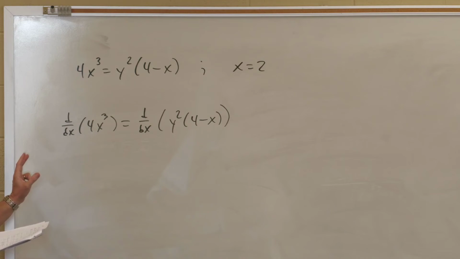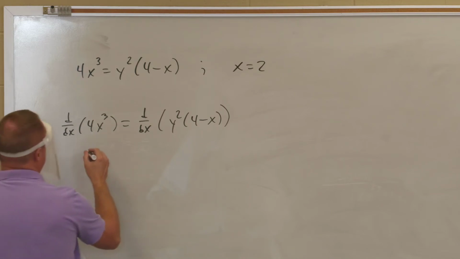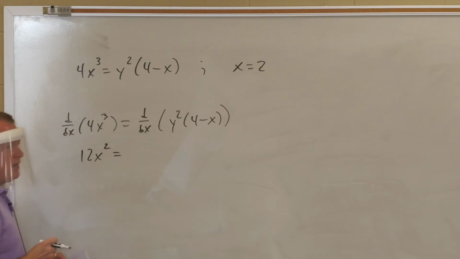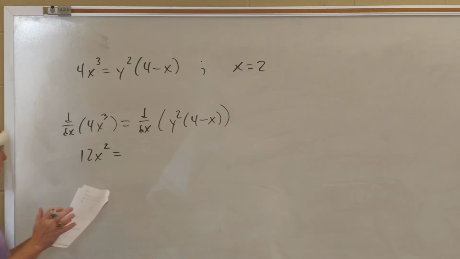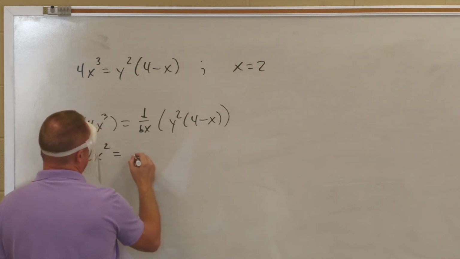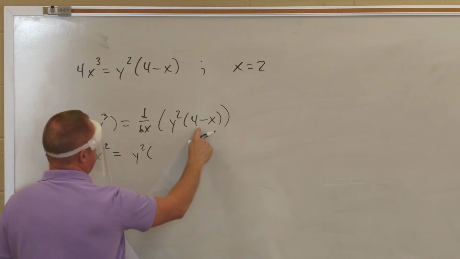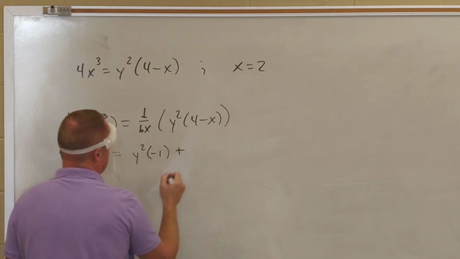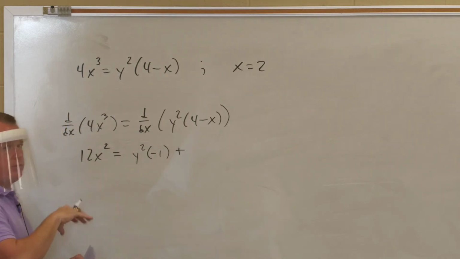All right, so on the left, 4x cubed, the derivative would be 12x squared. On the right, I have a product, so use the product rule. So I'm going to say the first times the derivative of the second. So y squared, derivative of 4 minus x is negative 1, plus the second times the derivative of the first.